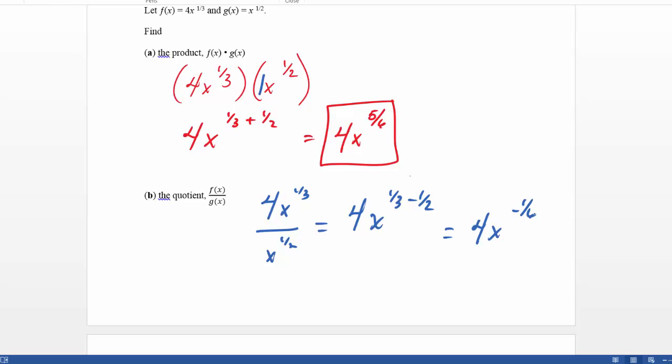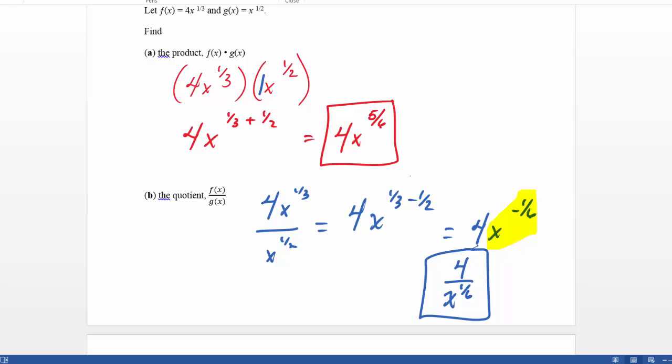Now, it's important to remember that that negative exponent is only attached to the x value. So it's the only part that needs to go into the denominator. So this is going to be 4 over x to the positive 1/6 power. And that would be your final expression.